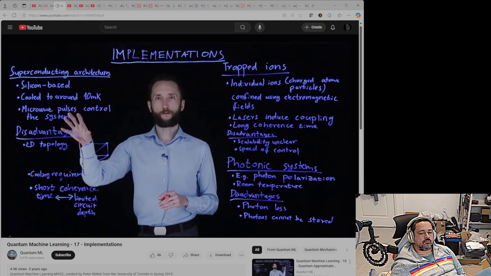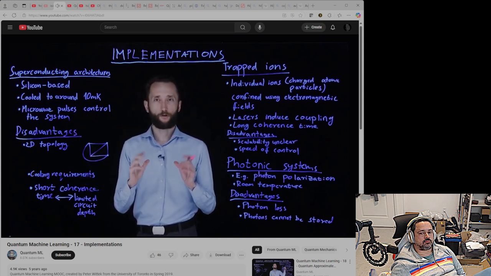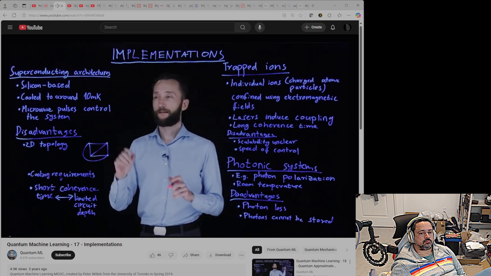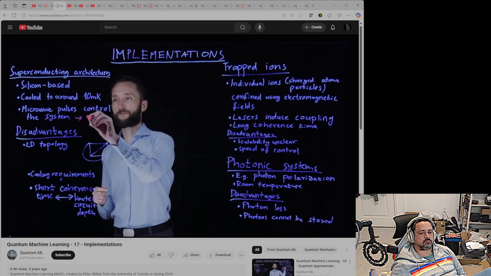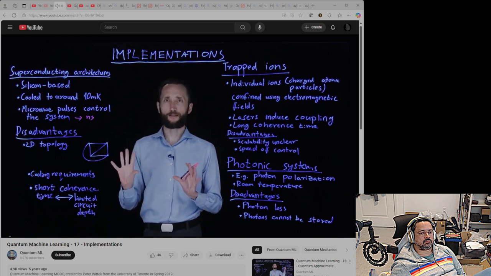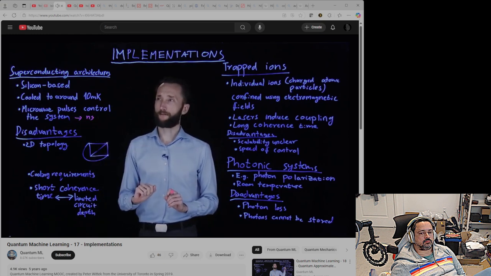And then you use microwave pulses to induce control and actually implement the gates and the interaction between the different qubits. And microwave pulses are great because control speed is very fast. You are in the range of nanoseconds. So in principle, the speed of this system is very, very good, but there are a couple of problems.